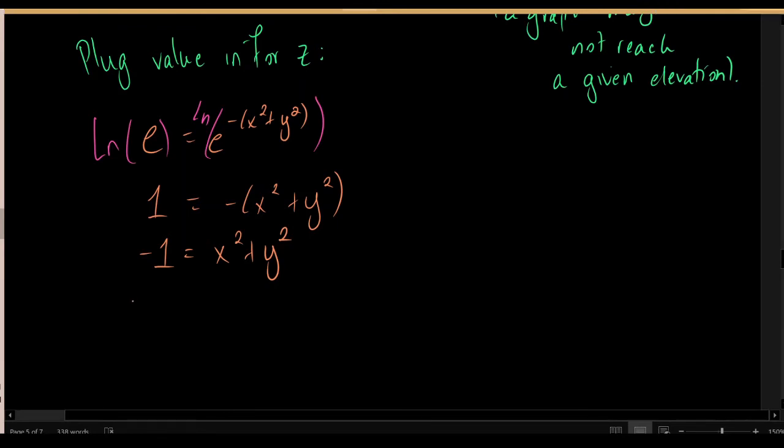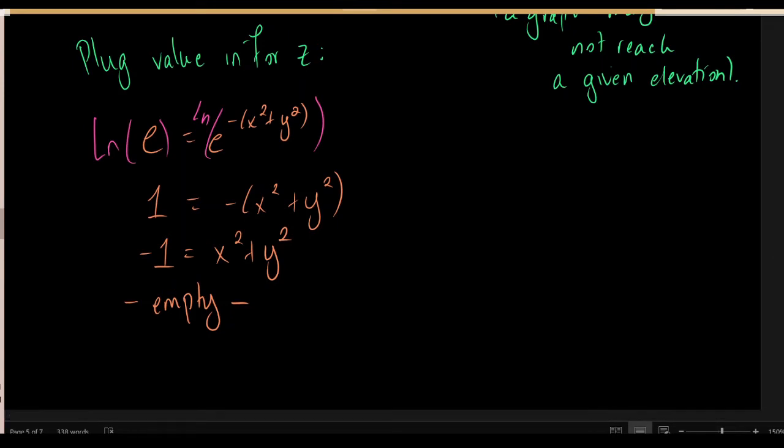So this is empty. And that means that in the contour map, we would not draw anything at all corresponding to a level of z equals e. It means that the surface never actually reaches a height that's equal to e.